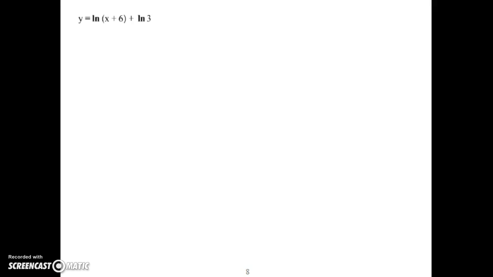Okay, so for example, let's differentiate this function. We want to find y prime of x here. To differentiate this function, remember we have to differentiate this term and this term separately. Remember this is a natural log function, so the derivative is going to be g prime of x divided by g of x. The derivative of what's inside the natural log here is just going to be 1, and g of x is going to be x plus 6.